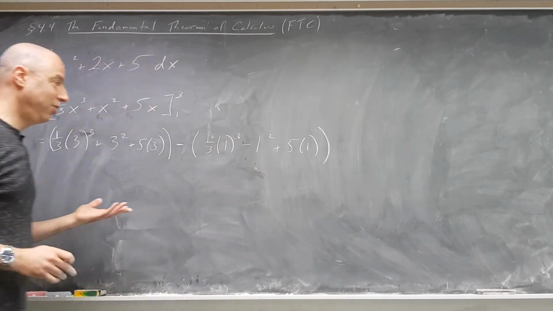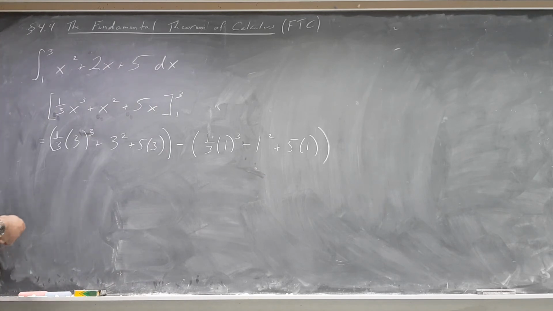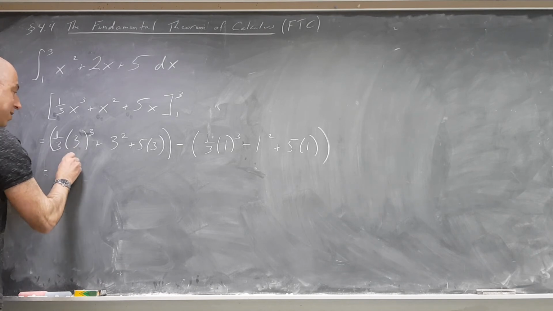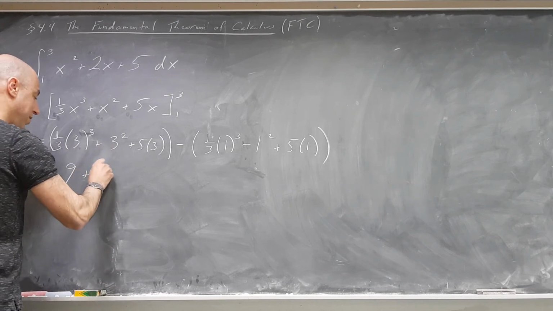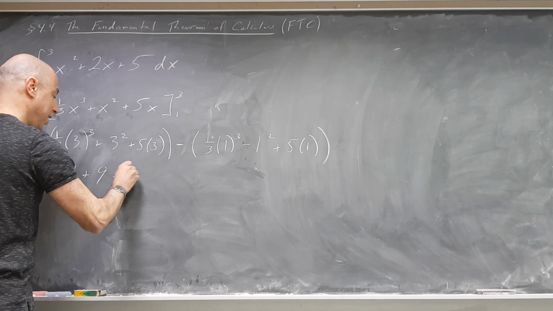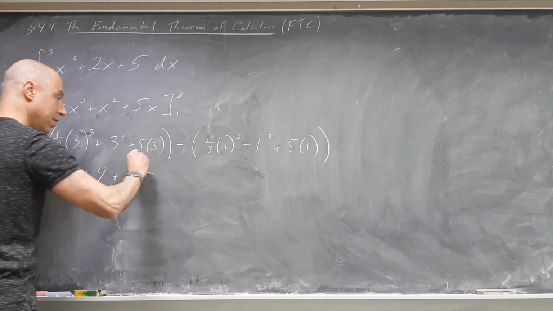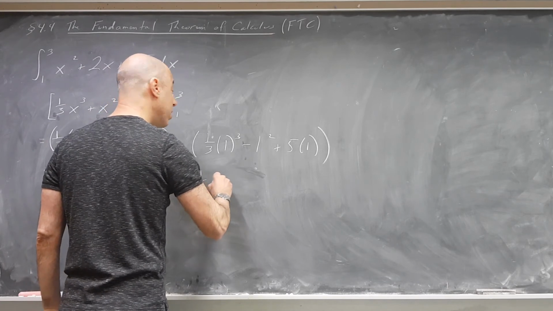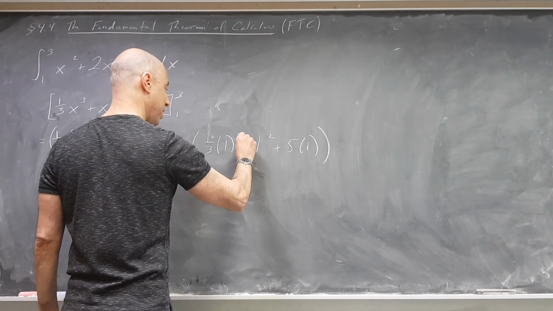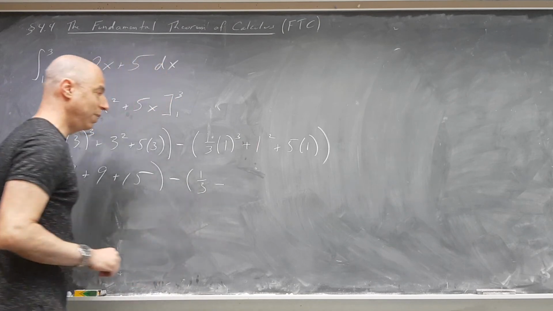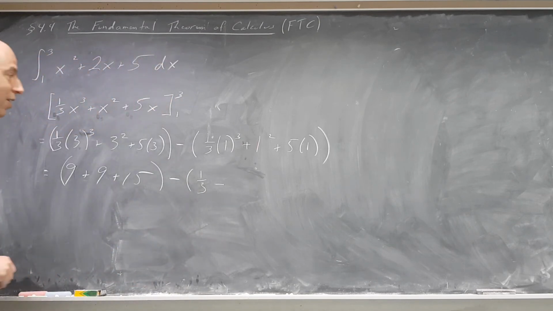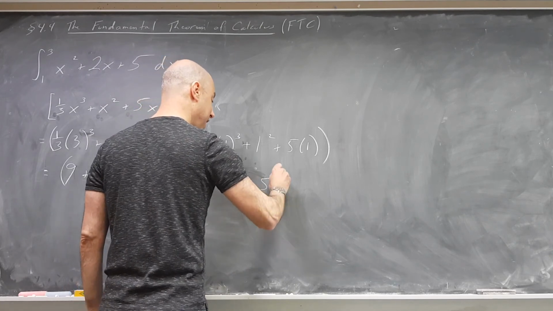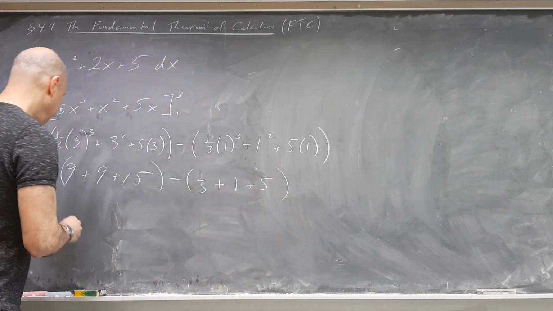And after this point, it's certainly just arithmetic, but let's just go ahead and work this out. So 1/3 times 3 cubed is 9 plus 3 squared, that's another 9, plus 15, minus 1/3. Oops, I don't know why this is a minus sign. That should be a plus sign. My mistake. 1/3 plus 1 plus 5. And let's see.